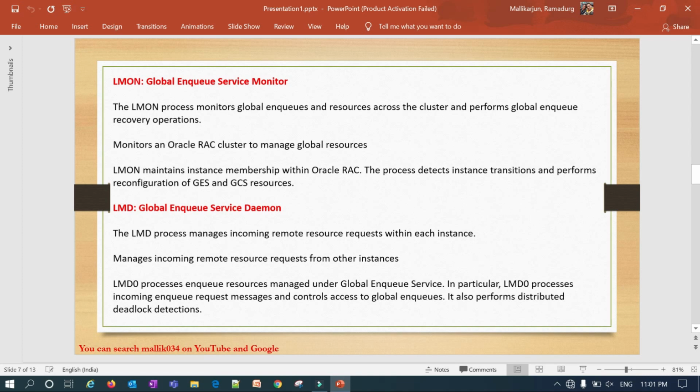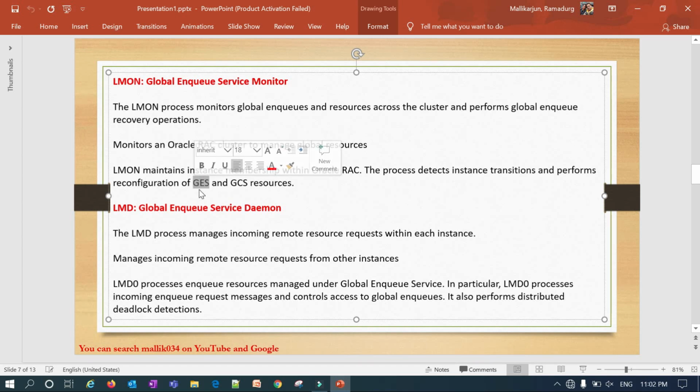If you are aware of GRD, GRD is the one that manages all my block information, which instance has which latest block. For the GRD to properly handle this, GCS and GES, global cache service and global enqueue service, are the two background processes that play a very important role, and to hold specific locks on particular blocks, rows or tables.